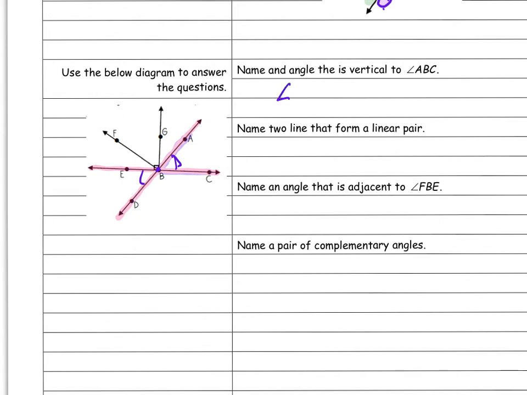I can call it 2 different things. I can call it DBE, or I can go the opposite way, EBD. Those are the same angle, just called differently. Notice they're the same letters, just in a different order.